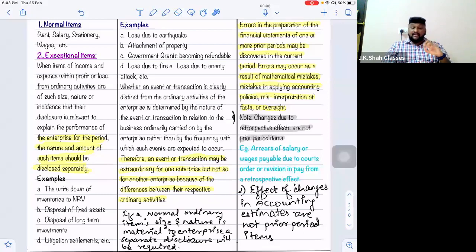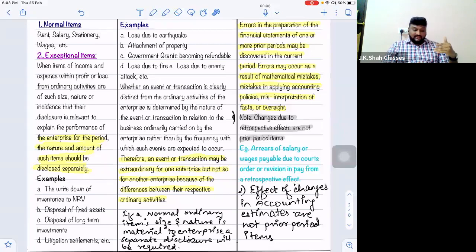But if a court case has been filed against you for providing inferior quality of goods, then can I say it is related to your operational activities only? So it is an ordinary activity, but exceptional in nature. Why? Because the litigation itself, the nature of the transaction, is something different. It is qualitatively material. Right?